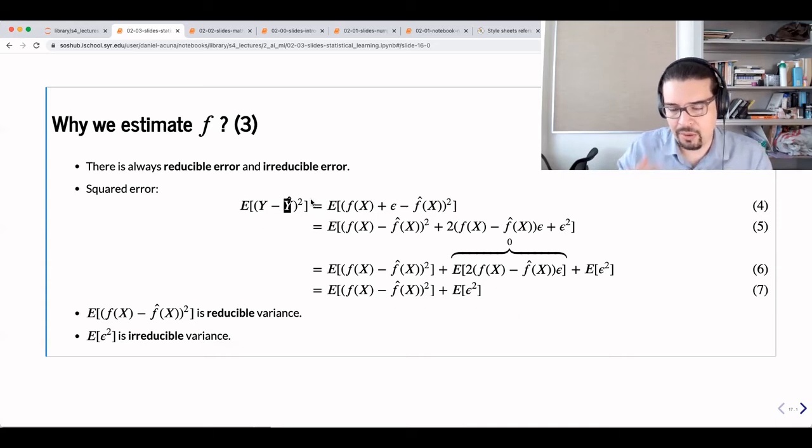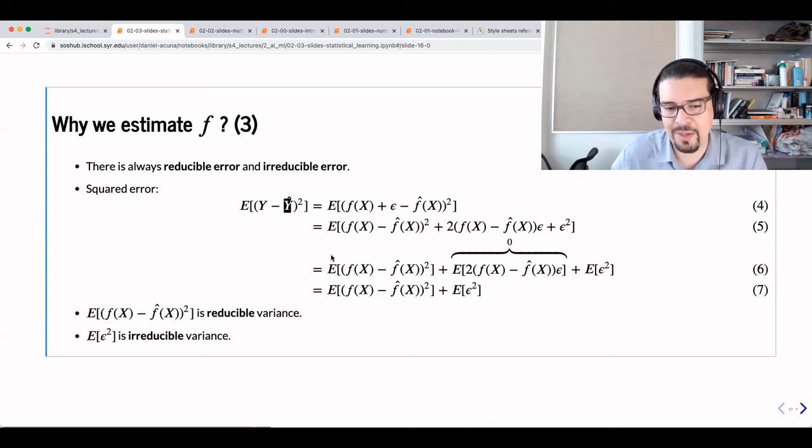The error that you will have in your model is going to be a combination of two things. You can see it right here. It's going to be a combination of how close you're going to get to the real function, that is, how close the f hat will get to the real function, which is an expectation, plus the variance of the noise.